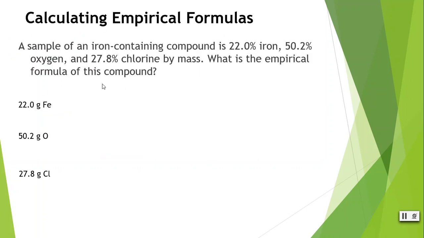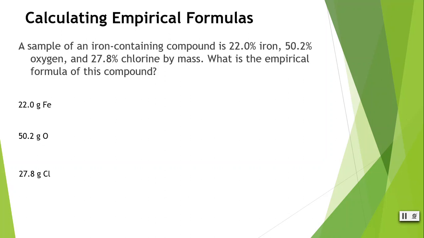So let's say I have a compound, unknown compound. I know it contains three things. 22% of it is iron, 50.2% is oxygen, and 27.8% by mass is chlorine. And I want to know what the empirical formula for the compound is. The empirical formula is the simplest whole number ratio of atoms in that molecule.